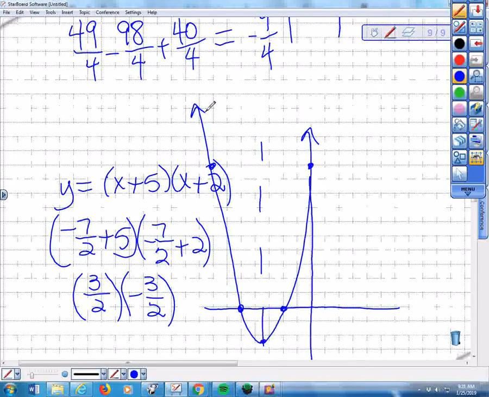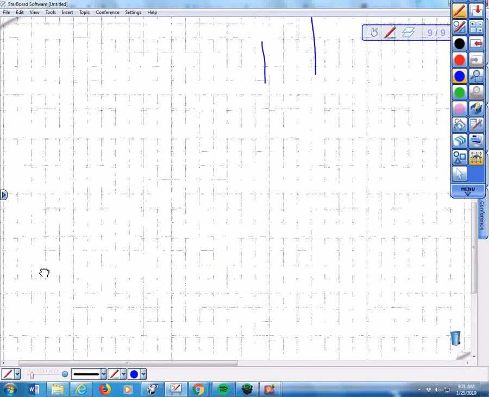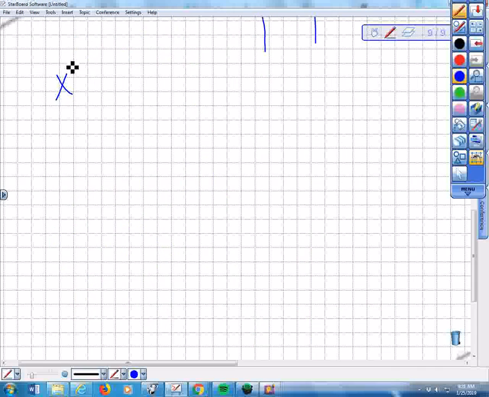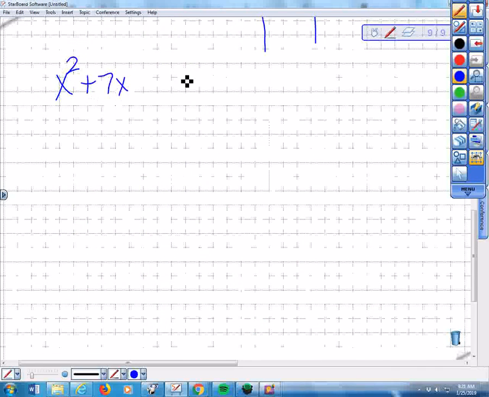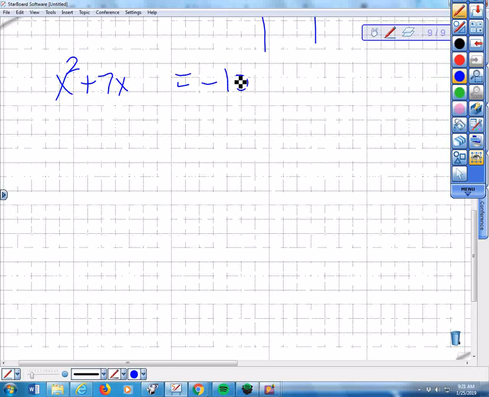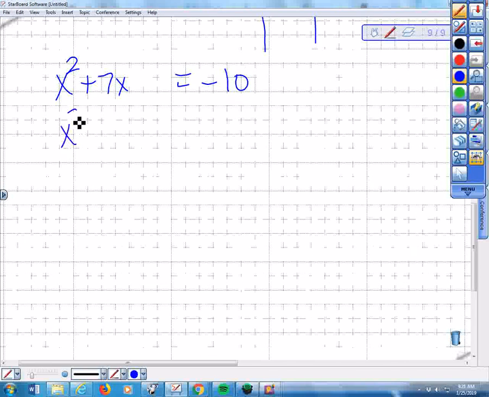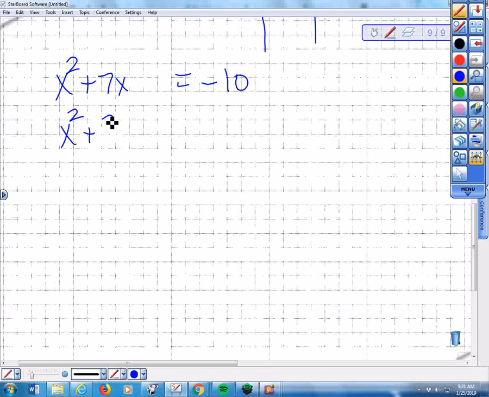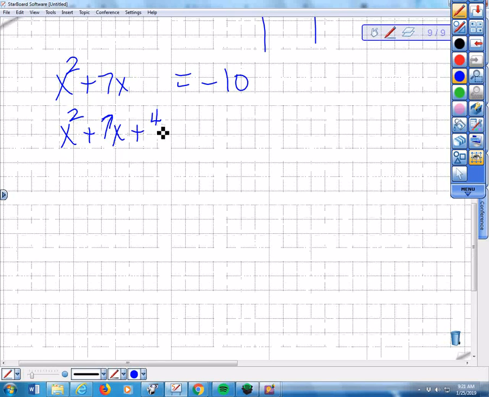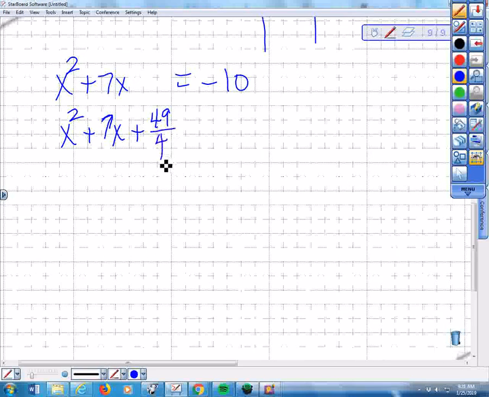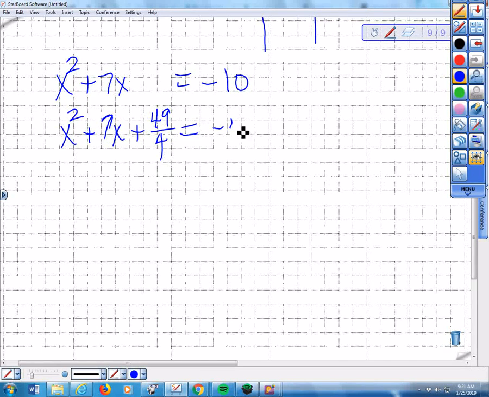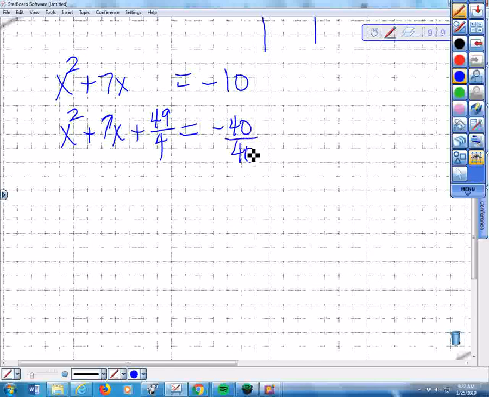Vertex form. Well, to put this one in vertex form, 7x plus 49/4, 7/2 squared equals what? -40/4 plus 49/4.